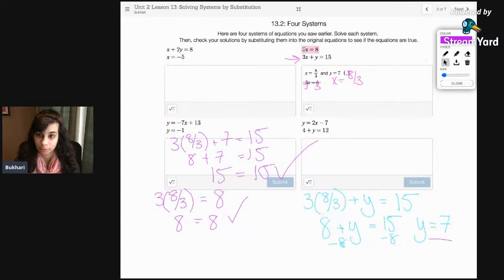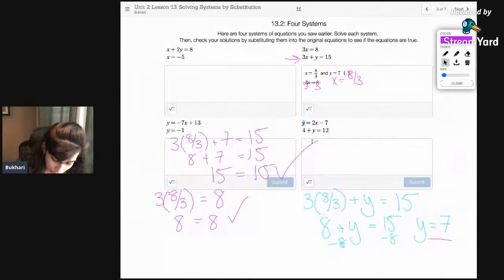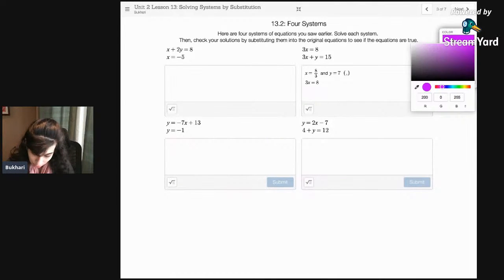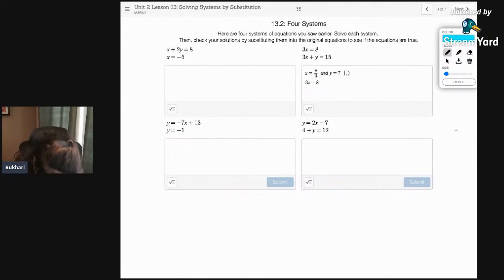It might start to get a bit complicated when you don't have an equation with only one variable. You'll see here, I have two variables, but I have something that is y equals. Instead of knowing exactly what x is before I substitute in, I can take my expression and substitute that in. If I know that y equals 2x minus 7, I can replace that for y in my second equation.